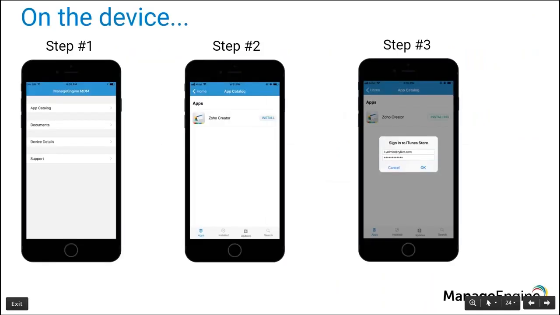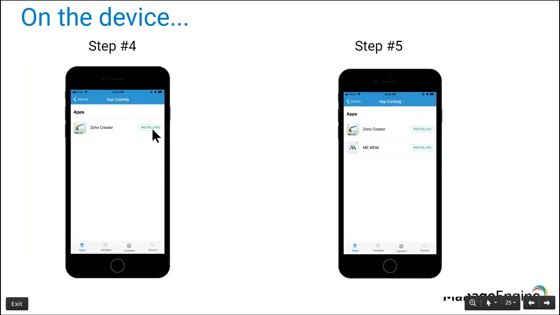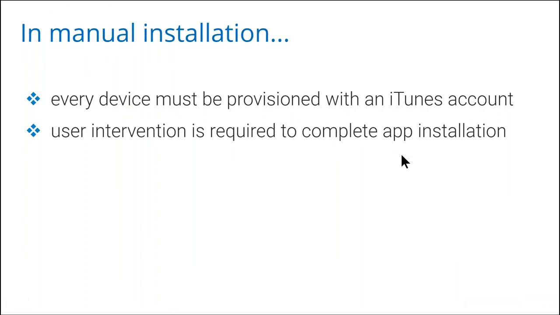On the device end, the user would have to open the MDM application, hit on app catalog, and Zoho Creator or Zoho CRM, any application that you have distributed would be present over there. They click on install. We would immediately ask for your iTunes account details. Once the account details are provided, the app would be installed in the device itself.